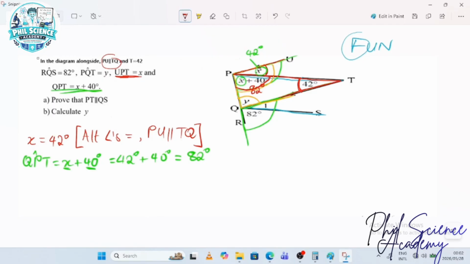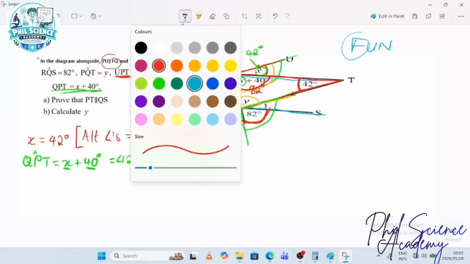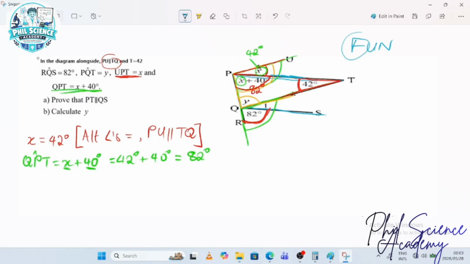After putting this 82 degrees here, we can see that this angle here, which is equal to 82 degrees, is actually equal to this 82 here. Hence we have already been given that this angle is equal to 82 degrees. So what do we see? We see that this angle here and this angle here also form an F-like shape.